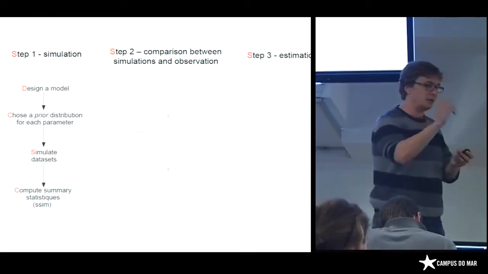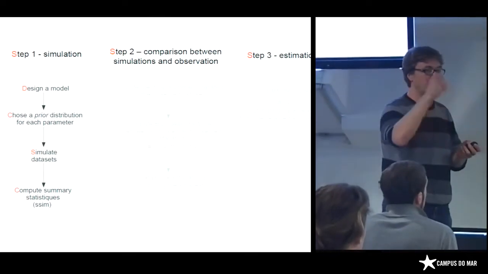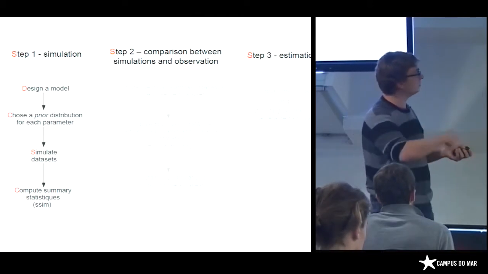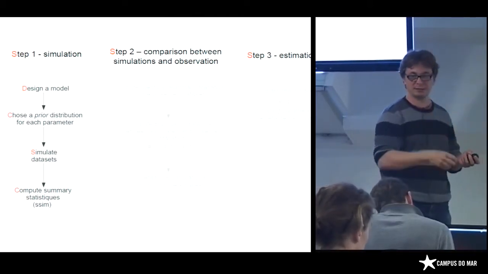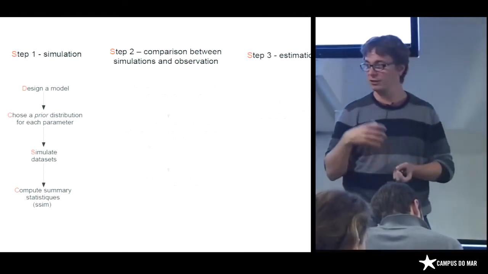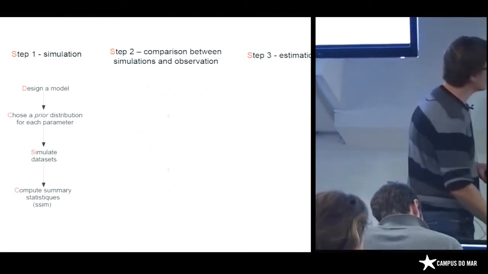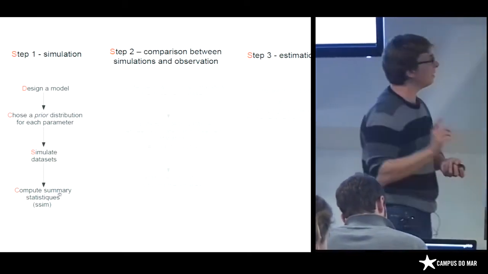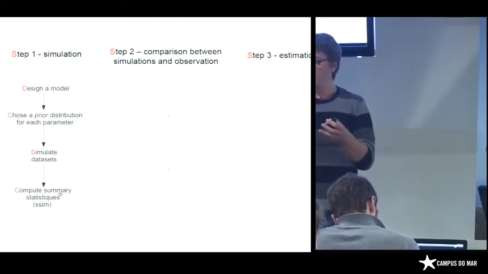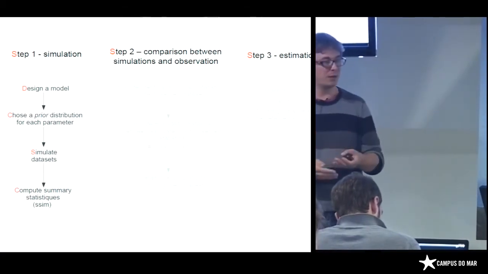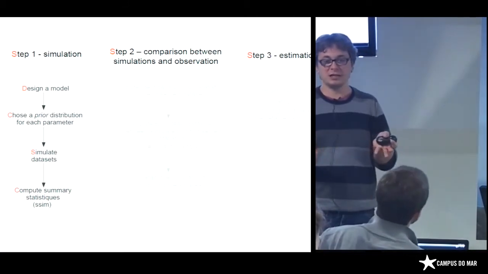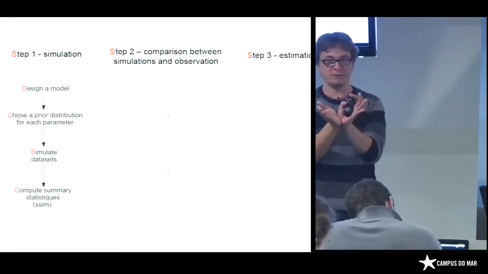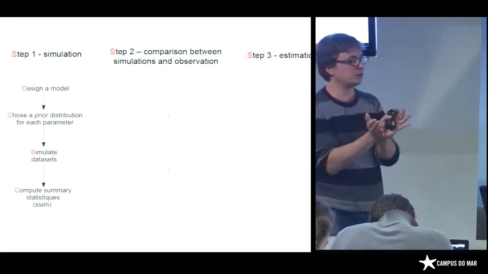So you take the parameters at random following the prior distribution, and you simulate data sets with a simulating software. And from the simulations, you compute the summary statistics that describe the data set. It can be the JSFS, the matrix of allele frequency in the 2 populations.